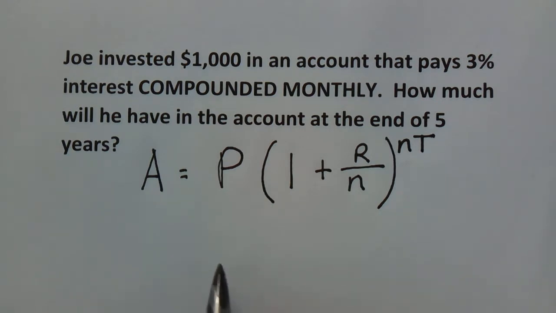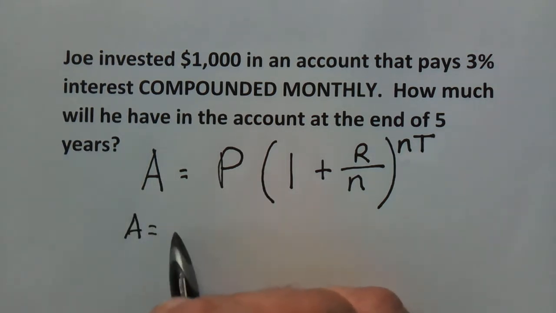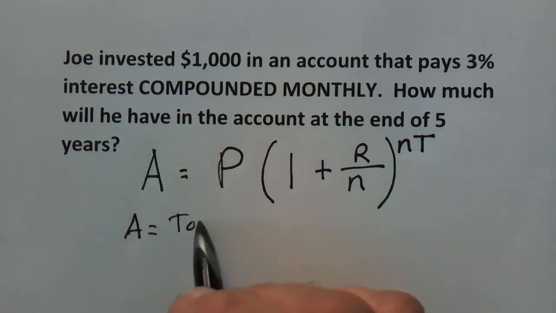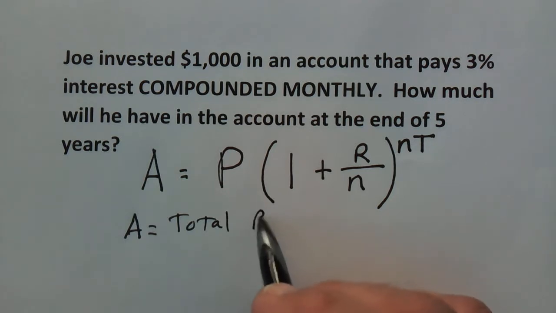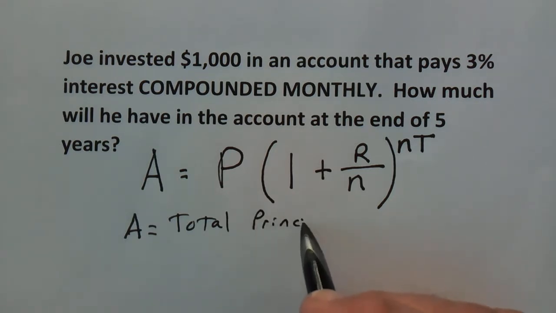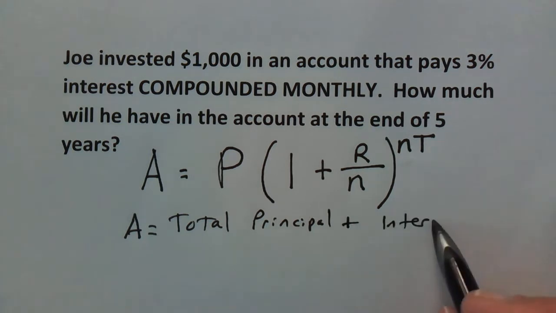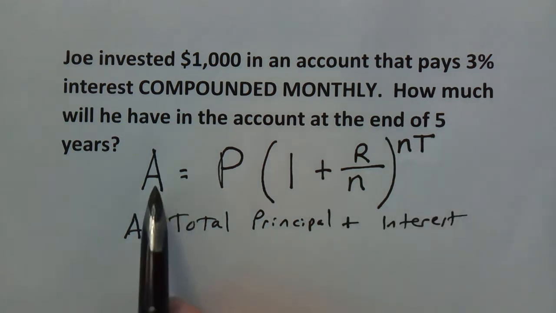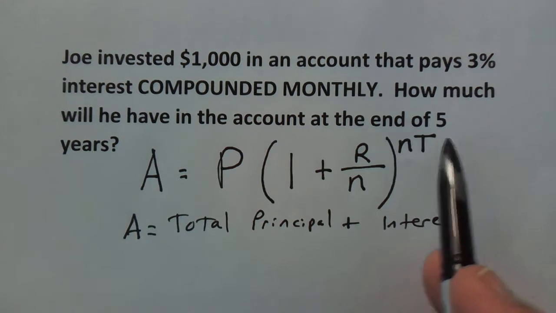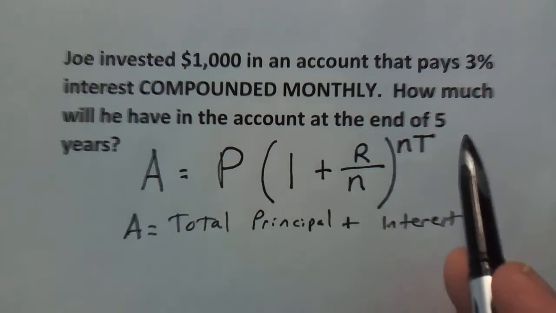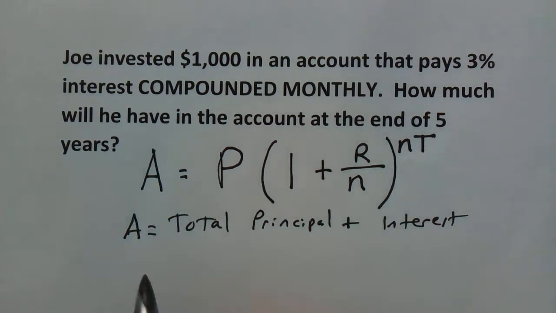We're going to talk about what each of these items are. A is equal to the total principal plus interest. In other words, that's the final amount that's going to be in the account at the end of 5 years, or the total amount that's been paid at the end of 5 years.